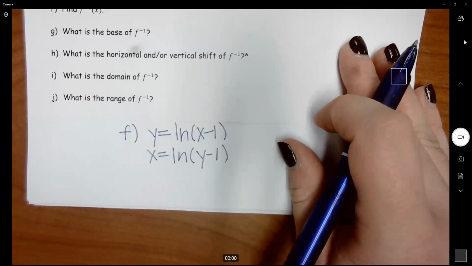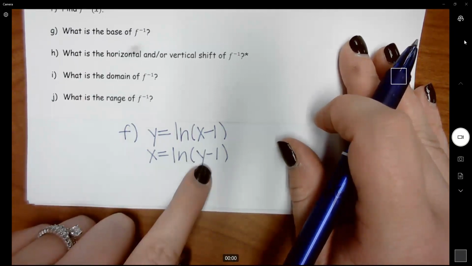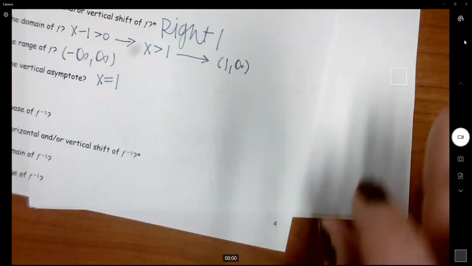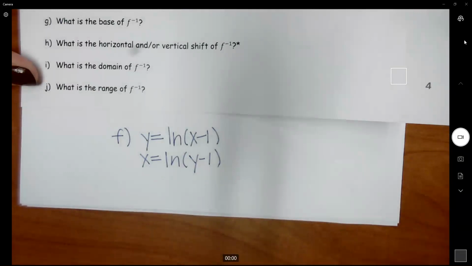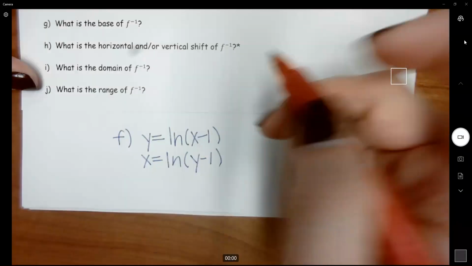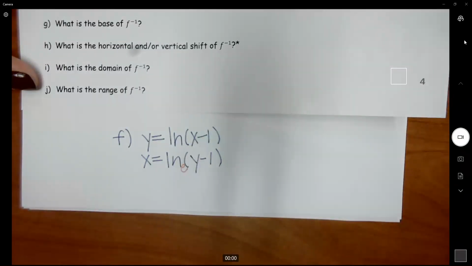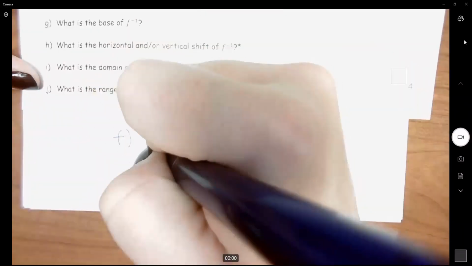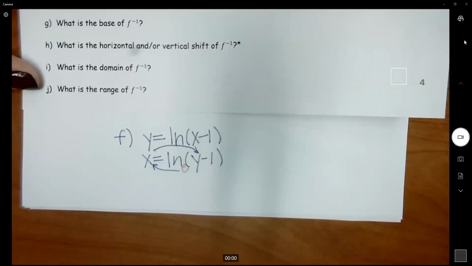I have no way to solve for this inside of a log, so let's rewrite this. Natural log, we already stated, has a base of e. So this is base e to the x equals what is inside here.